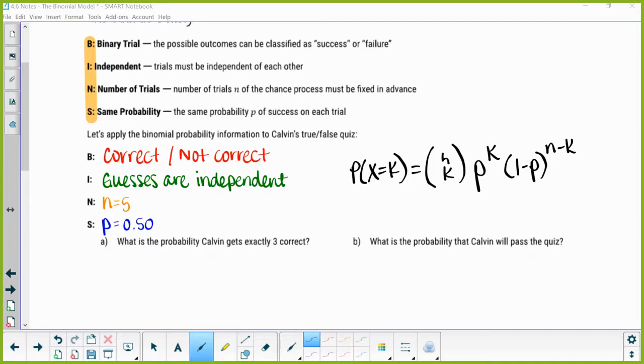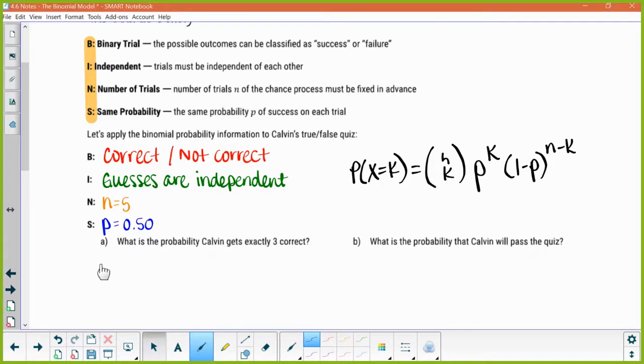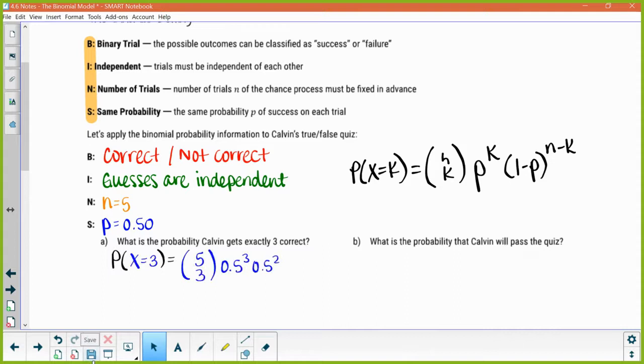Okay, so we want to know the probability that x is equal to 3. So I just went ahead and plugged in my numbers into this formula. We know that n is equal to 5, so everywhere I saw an n, I put 5. And we know we're interested in k, 3 successes. So I put 5, 3.